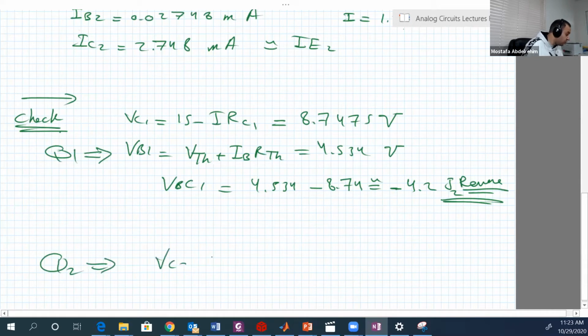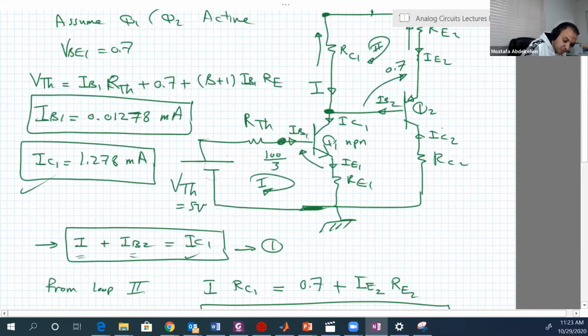VC2 is equal to, so where is VC2? Here is VC2. This is ground, so it's equal to 0 minus the voltage drop, which is IC2.